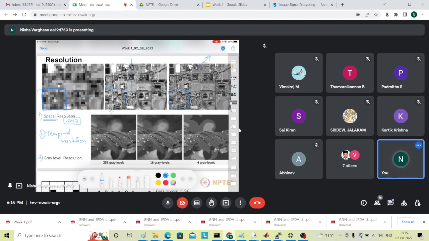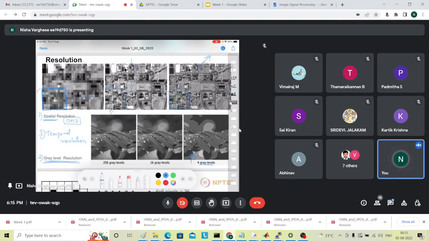Then the next resolution is gray level resolution. Just look into the third picture. It is a 4 gray level image. It means that the image has only 4 gray colors: black, white, dark gray, and light gray. But it is not visually pleasing, right? Some contours will be shown here, right?